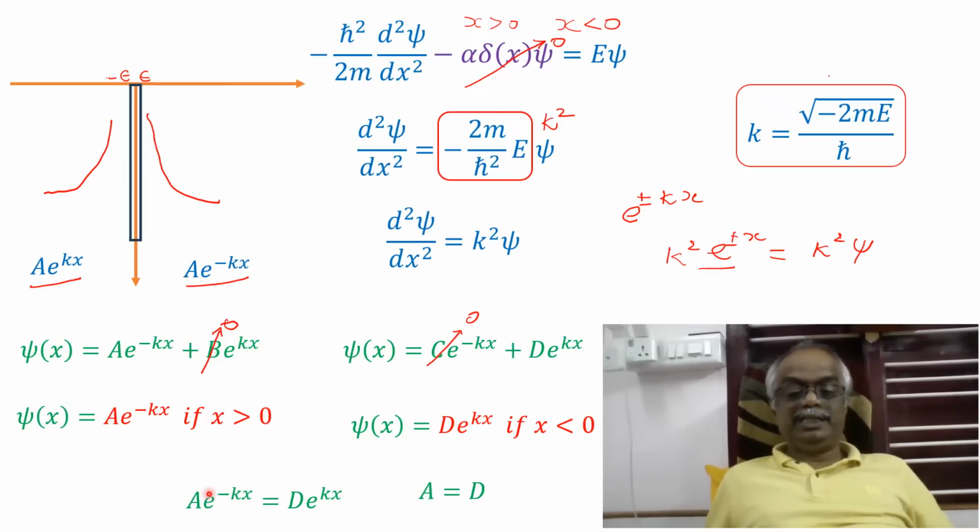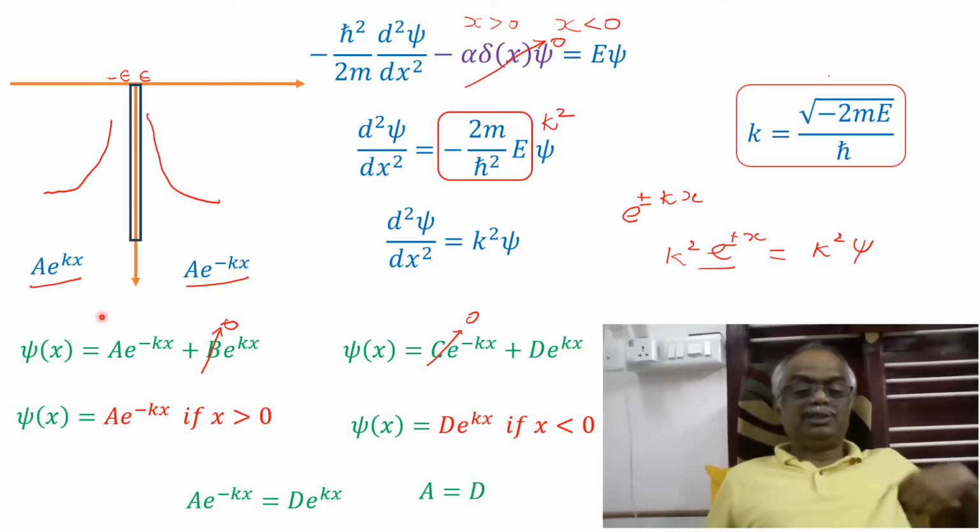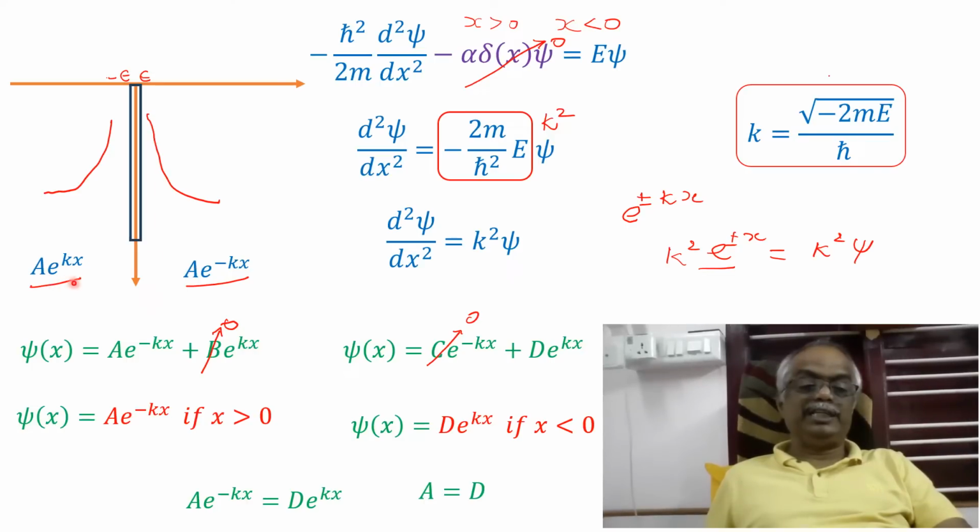That is a e power minus kx, which is equal to t e power plus kx. When x is equal to 0, a is equal to t. So a and t are the same. I have taken a e power kx on one side and a e power minus kx on the other.